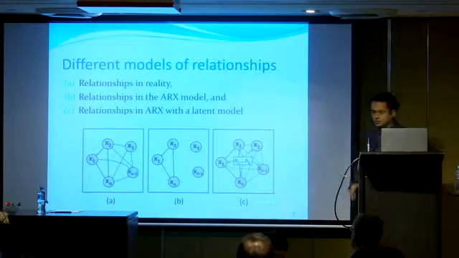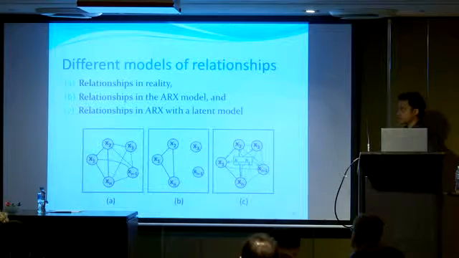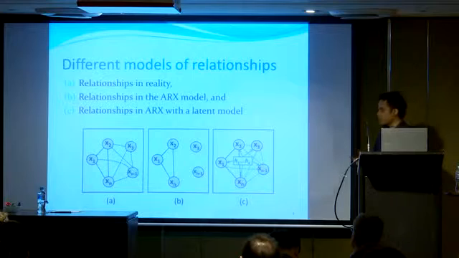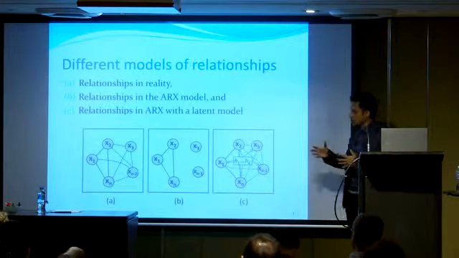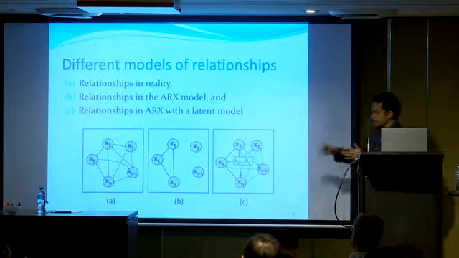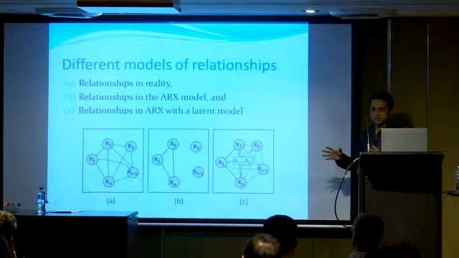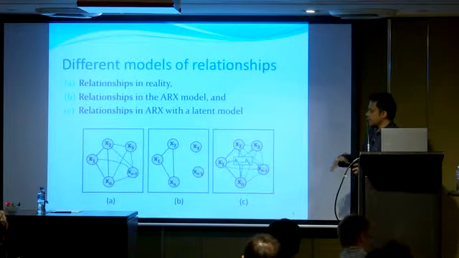So let's look at the relationships that we are talking about, and dig a bit deeper into the different background works that are there. On the extreme left, let's say that's A, this kind of relation is actually in there, and you want to find that.